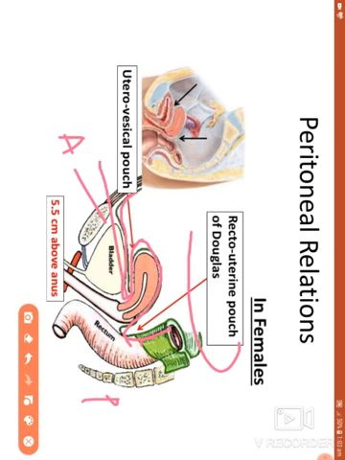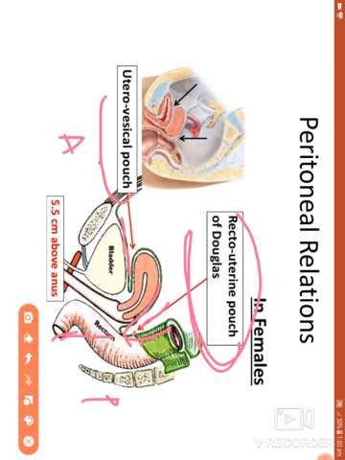The space posteriorly forms a pouch, called the recto-uterine pouch of Douglas, and it also forms a pouch anteriorly, called the uterovesical pouch. This is the uterovesical pouch, this is the recto-uterine pouch. The deepest part of the recto-uterine pouch lies about 5.5 centimeters above the anal orifice.